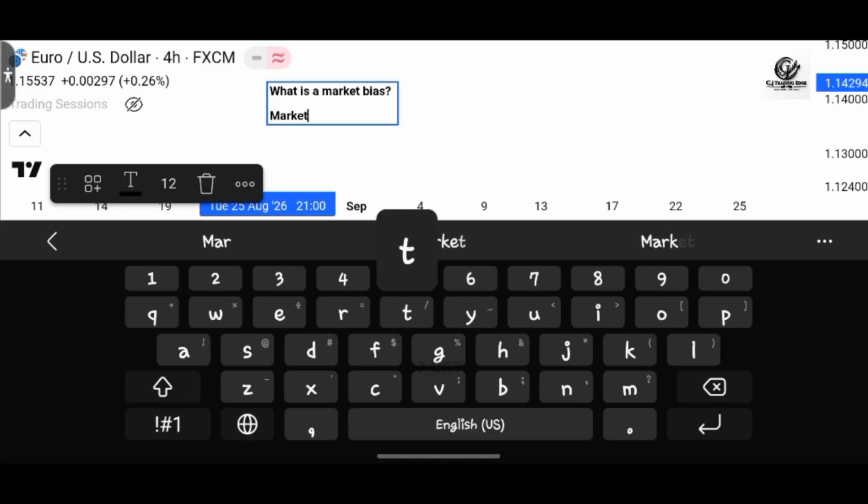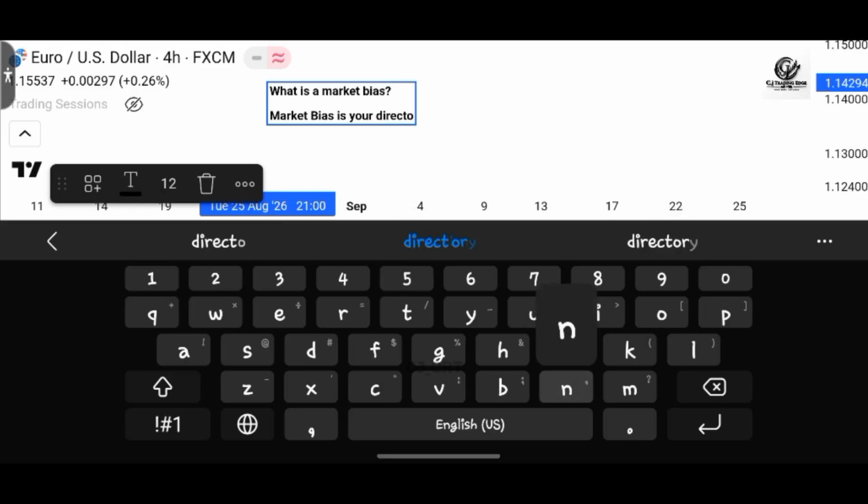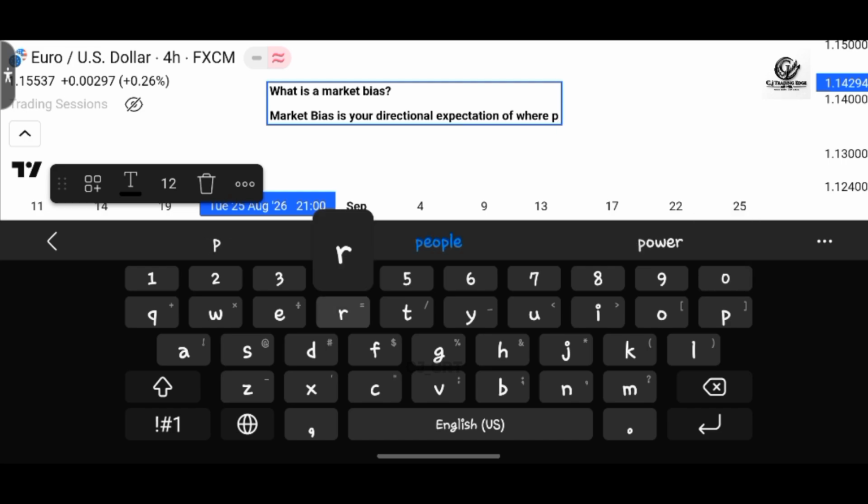Now, a market bias is your directional expectation of where price is most likely to move.